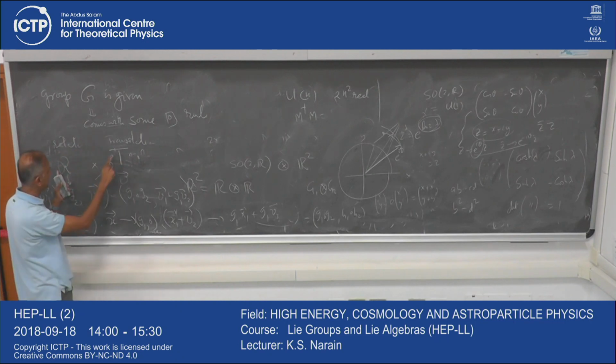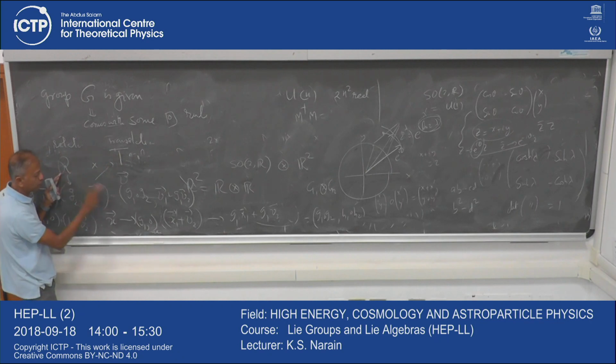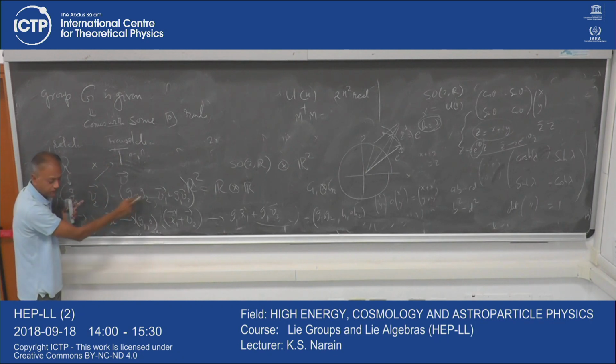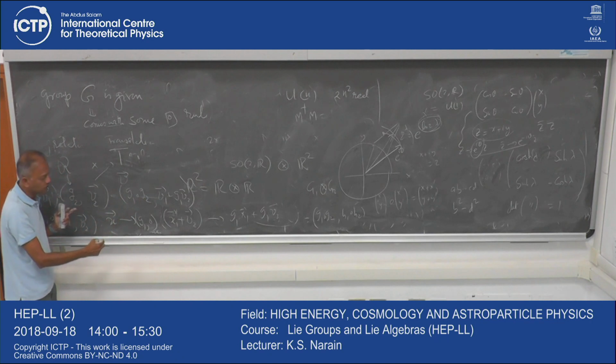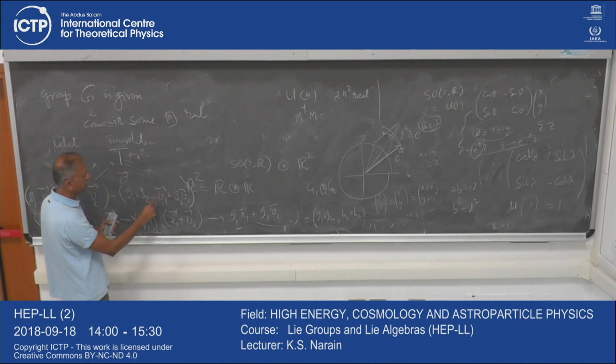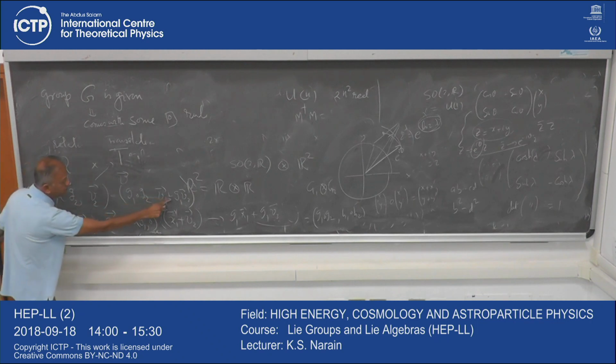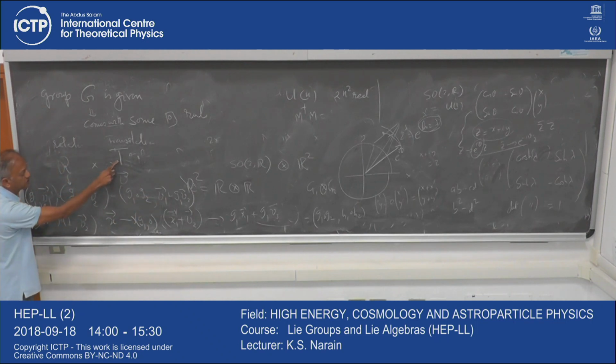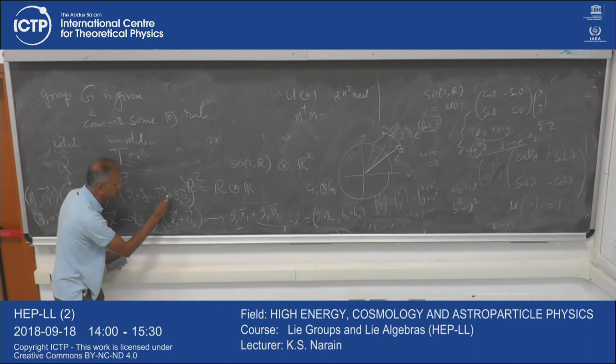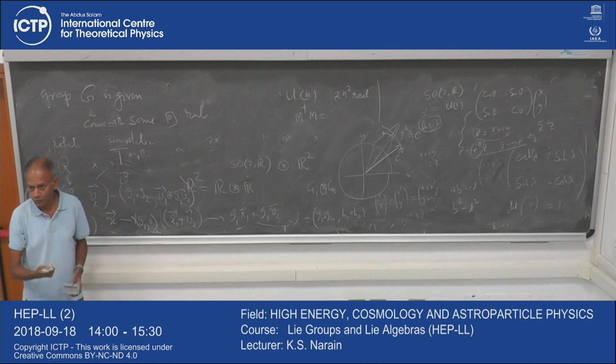In that case, you define the semi-direct product as the usual product for the first element, G1 times G2. But the second one, you define as V1 plus G1 V2. Plus is because the composition rule for the translation was plus. Otherwise, whatever the composition rule for this second group is, in general it will be some star or tilde, whatever the composition rule of the second group is.